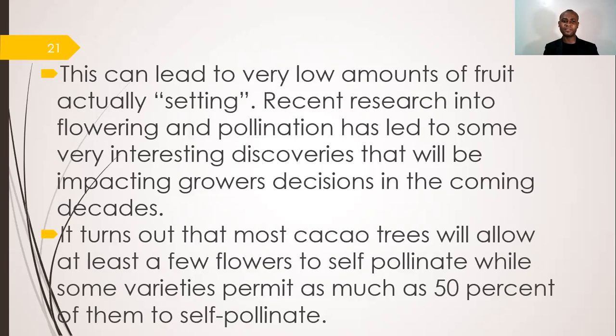So it turns out that most cacao trees will allow at least a few flowers to self-pollinate, while some varieties may allow as much as 50% of them to self-pollinate. Okay, so present research is trying to investigate the possibility of self-pollination in cacao through cross-breeding and genetic manipulation.